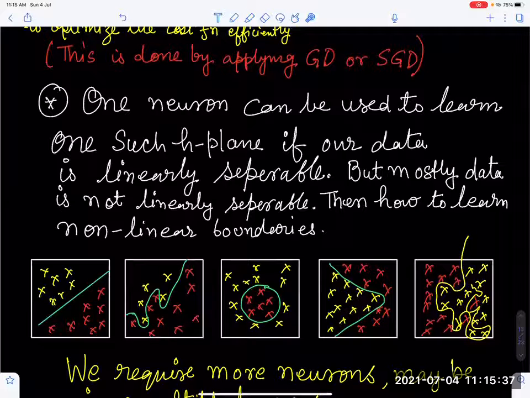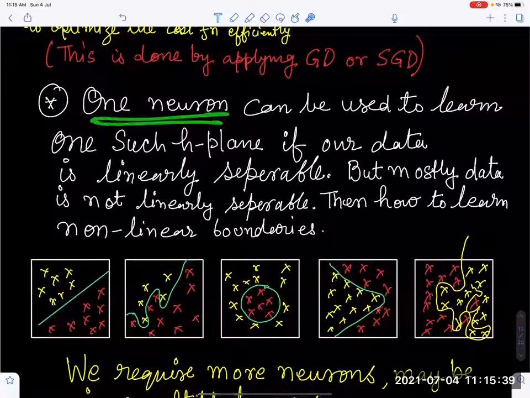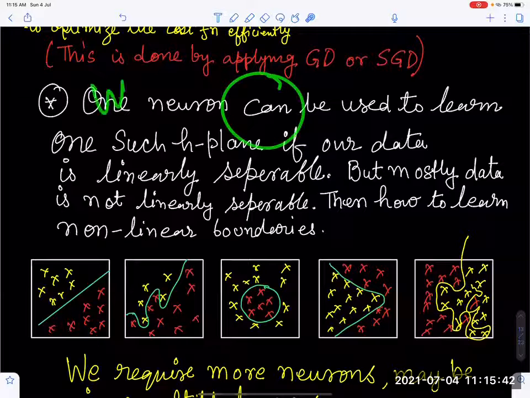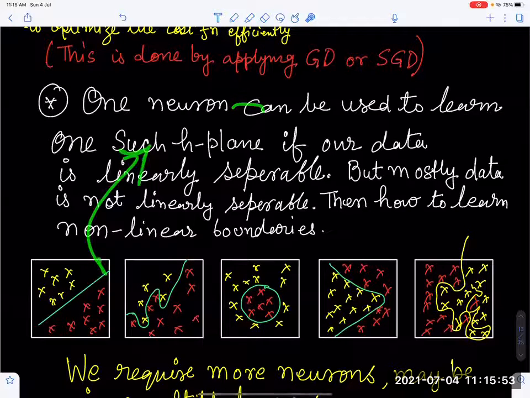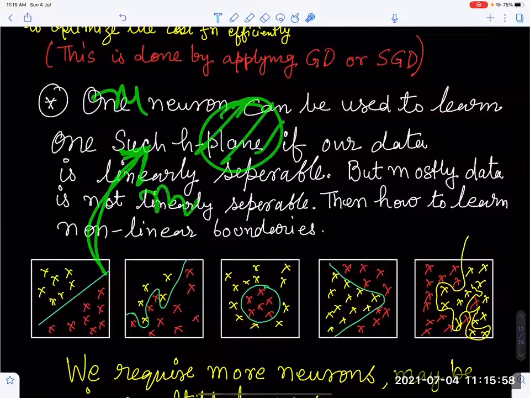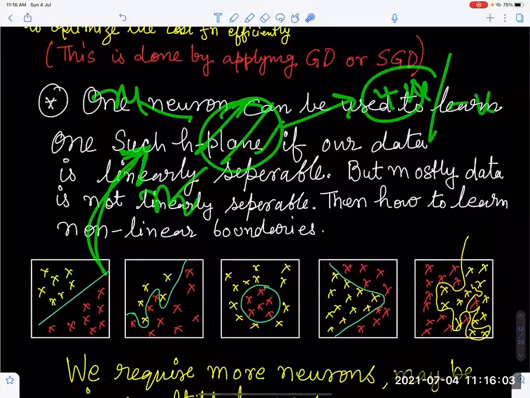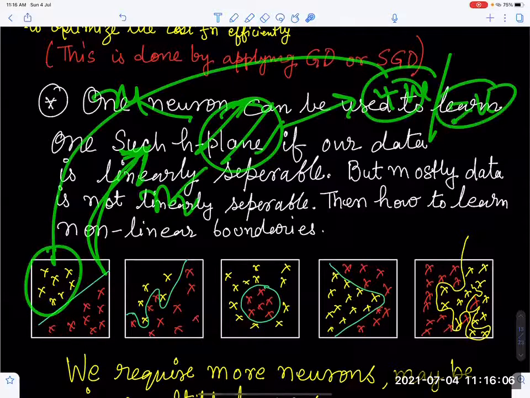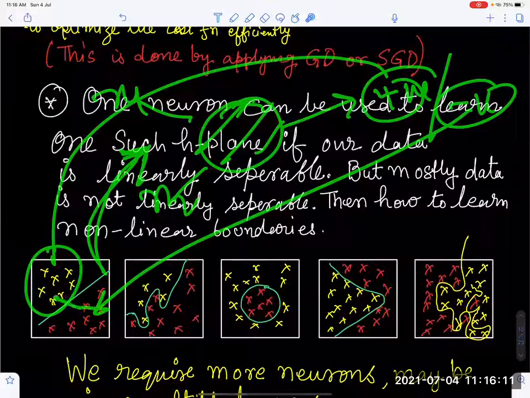In that case only one neuron is sufficient. One neuron learning W0, W1 and W2, if it learns properly, will give you a classification hyperplane or a line like this, which, when X1 and X2 are given to this neuron, will say positive or negative: positive for all yellow, negative for all green. So fire or no fire, as somebody was asking, which means class 1 or class 0.